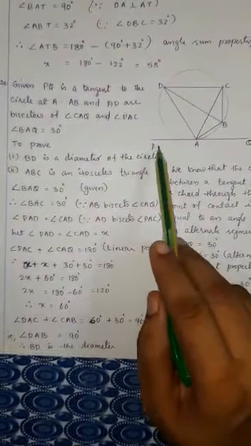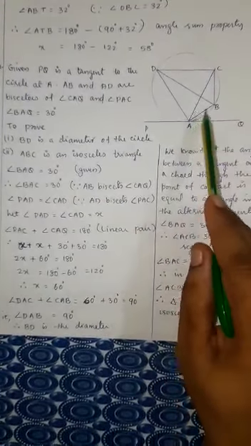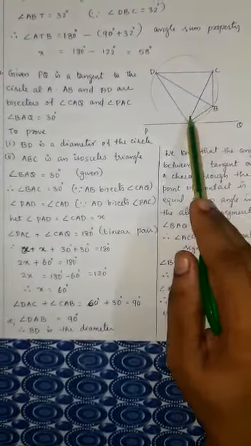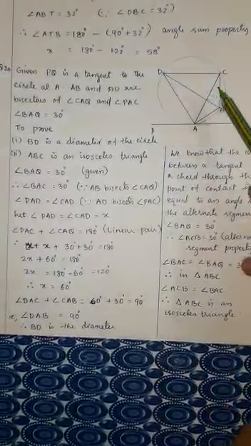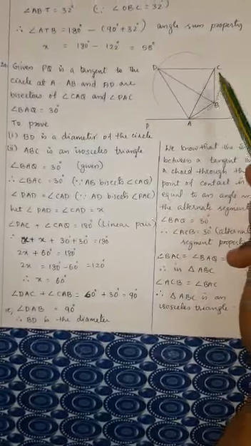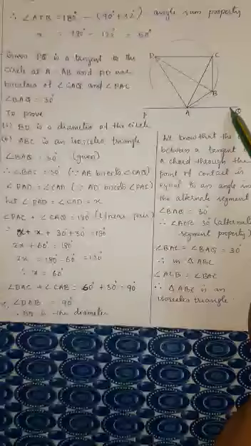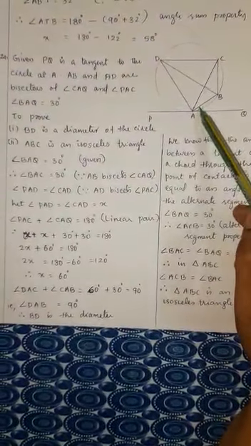Given PQ is a tangent to the circle at A, AB and AD are bisectors of angle CAQ and PAC. Angle BAQ equal to 30 degree.